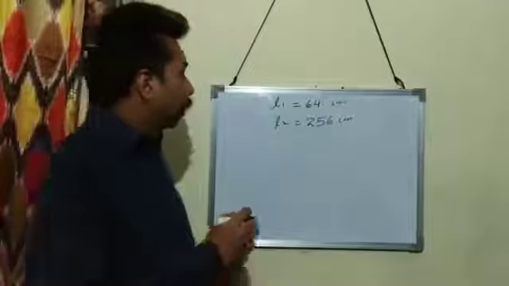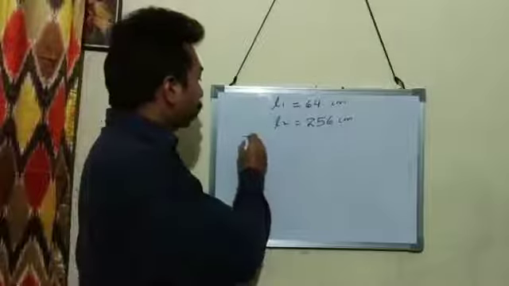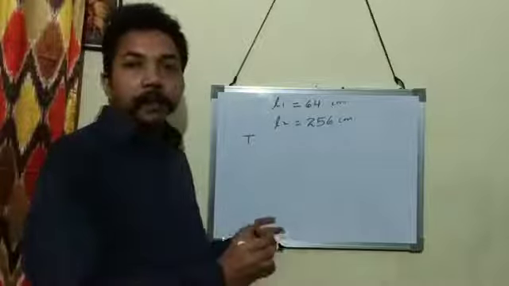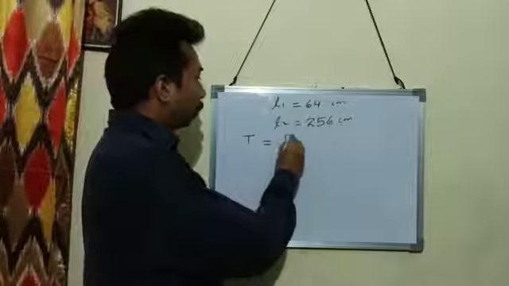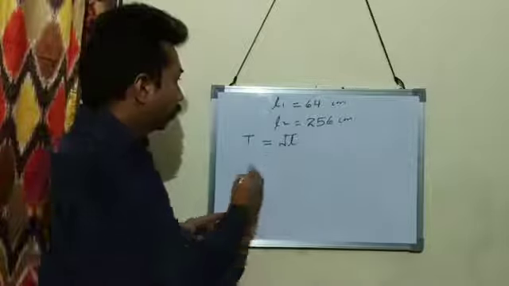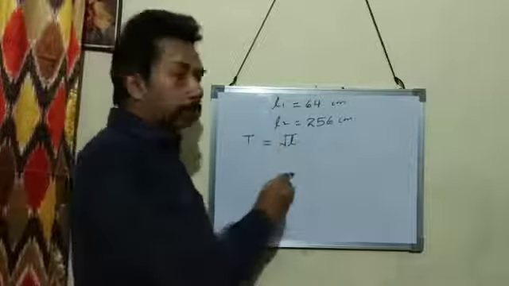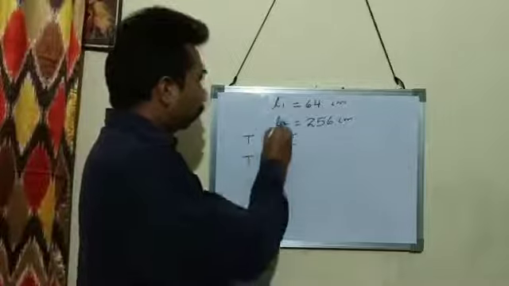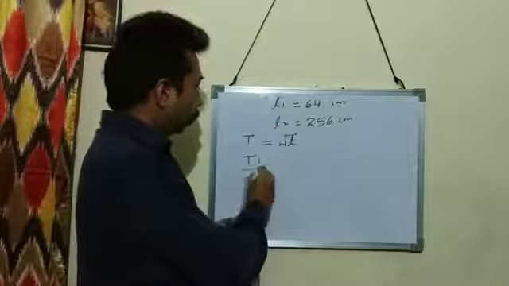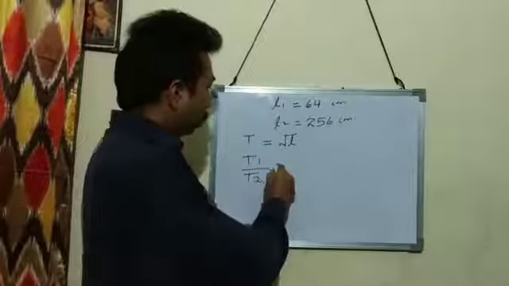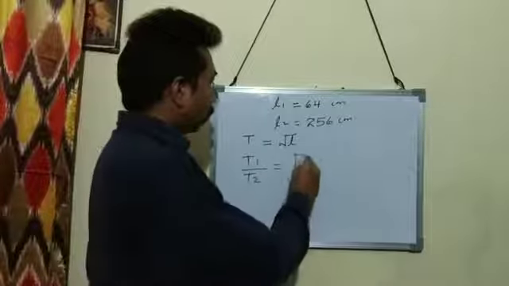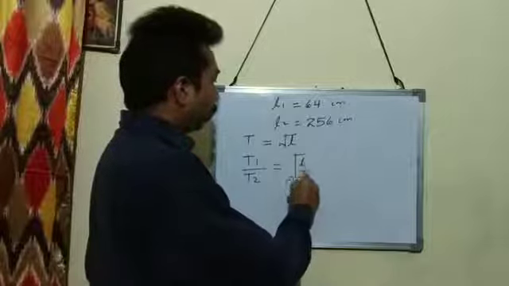So we have to compare the time period. You know the formula to find time period: time period is proportional to the square root of effective length. The time period of the first pendulum is taken as T1 and the second pendulum as T2. Then T1 upon T2 is square root of L1 by L2.